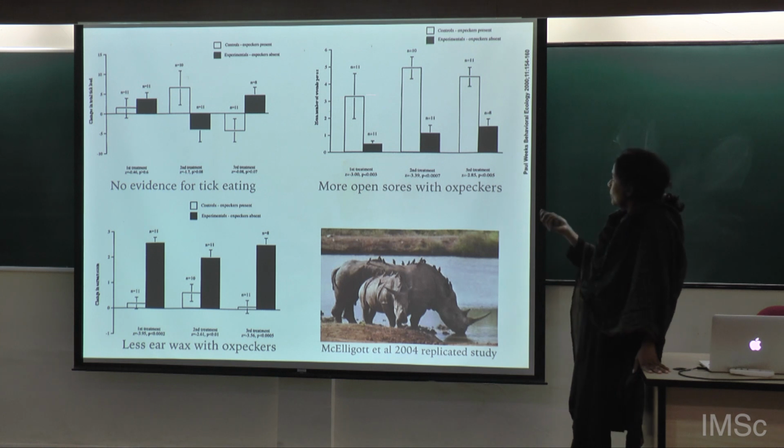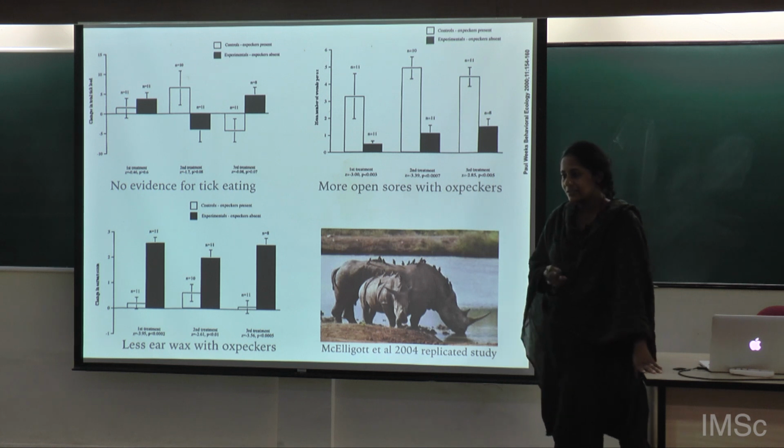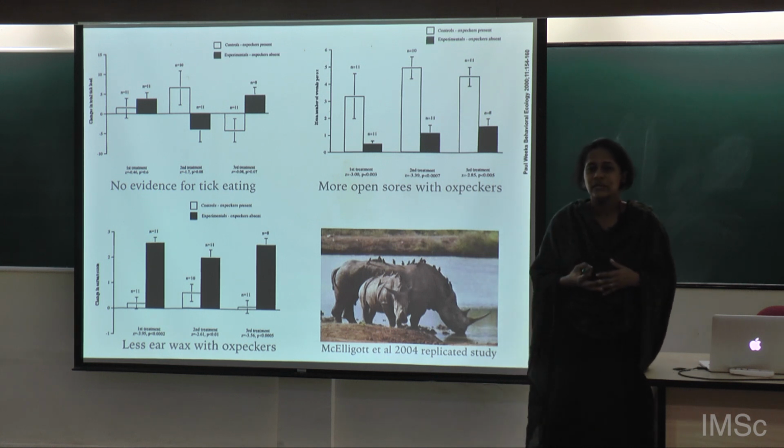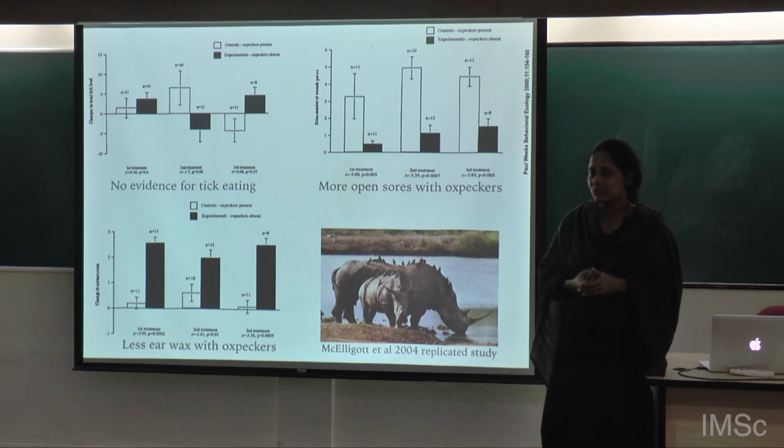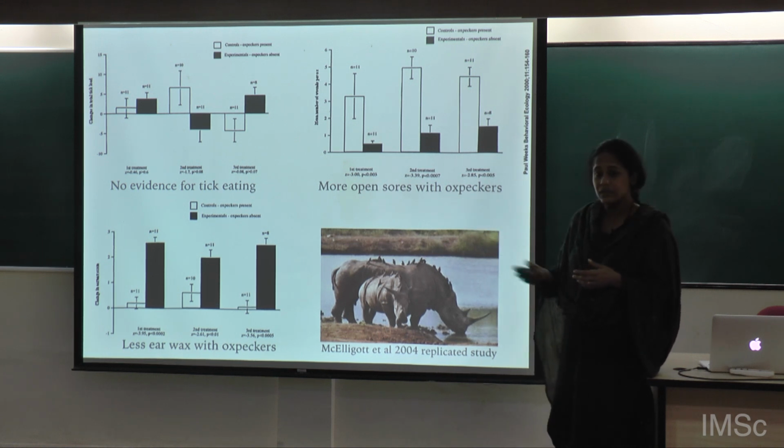But they also found that the cows with the birds had more open sores, so more open wounds. So what are the birds actually doing on the cows or on these buffalo? An experiment like this really goes to test an idea that we have. Can you say for sure that birds are performing this function of tick eating?